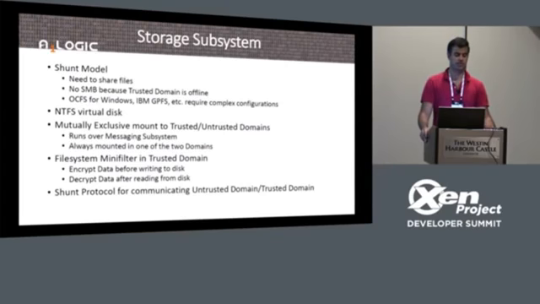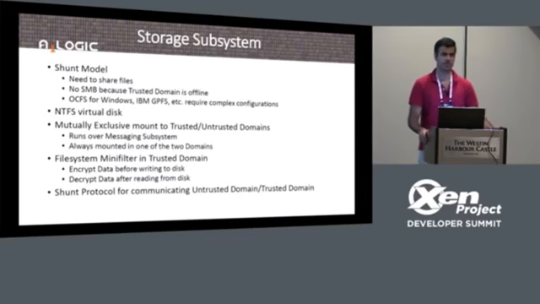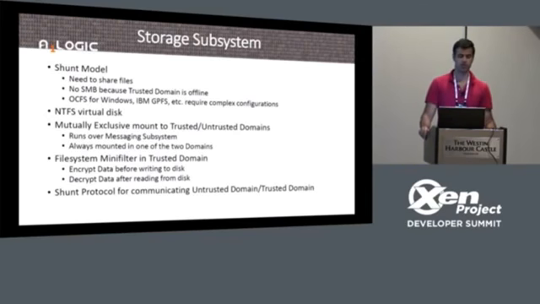So we were looking around for file systems that we could use. There's Oracle's OCFS for Windows, but that requires many complex configurations, and IBM's GPFS, but we did not want to live with those limitations. So instead, we had a virtual disk formatted with NTFS that we shunt back and forth between the trusted and untrusted domains.